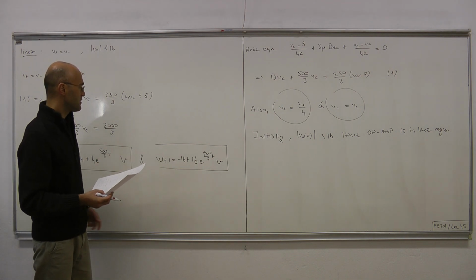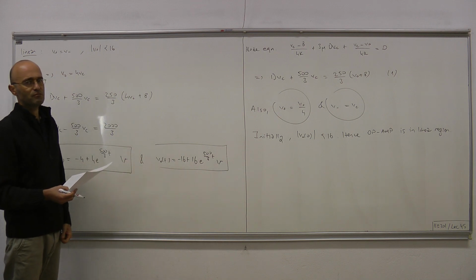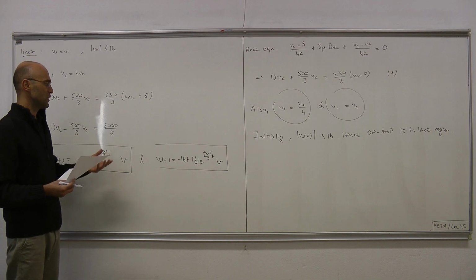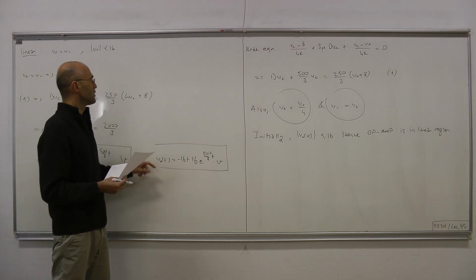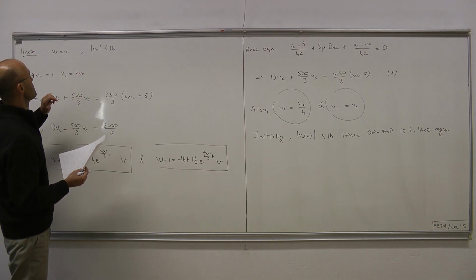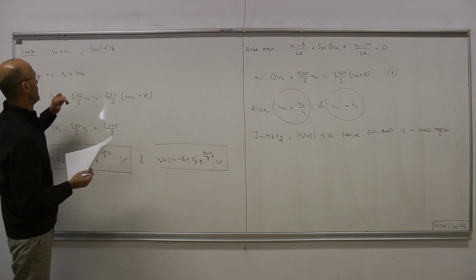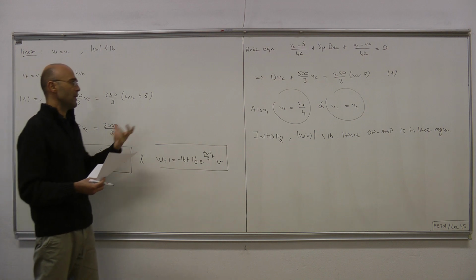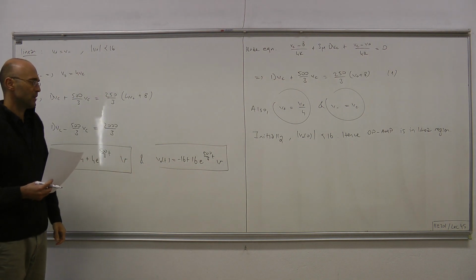And once it leaves the linear region, we have to reconsider the situation. Because once it leaves the linear region, the output no longer can equal 4 VC. And that changes the differential equation.